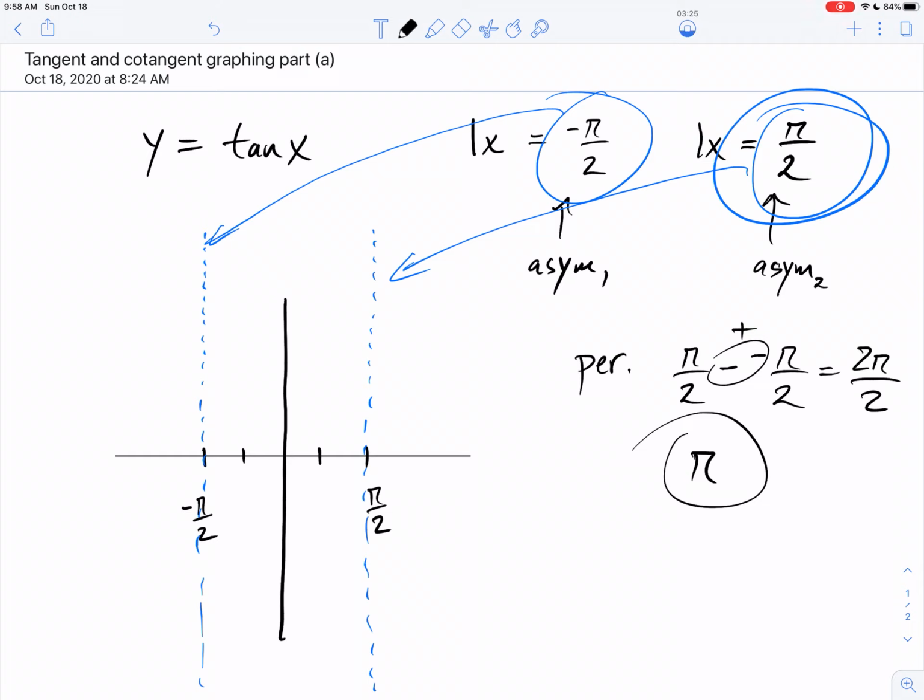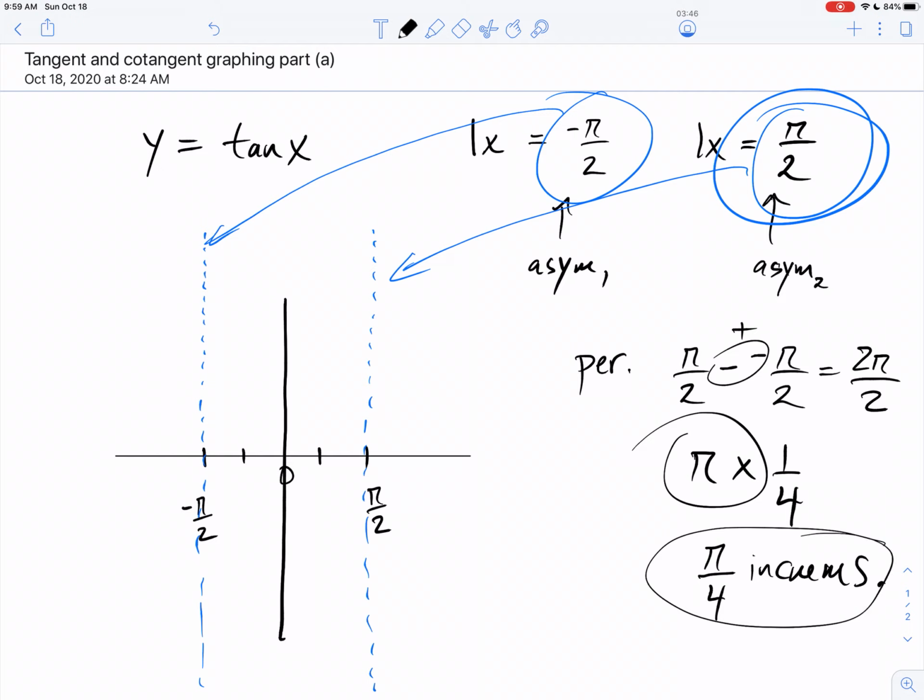And then you take that number times 1/4, and you get your increments, just like we did with everything else. Of course, this has got to be 0 in the middle. If I'm counting by quarters, this would be 1 pi fourth.